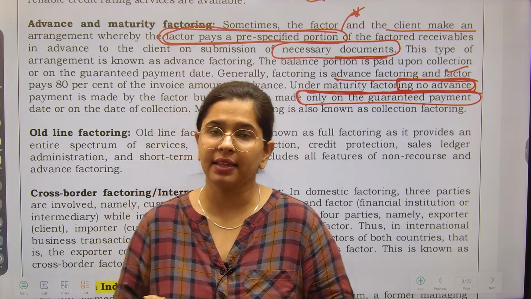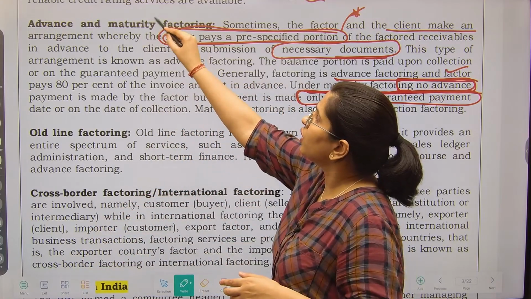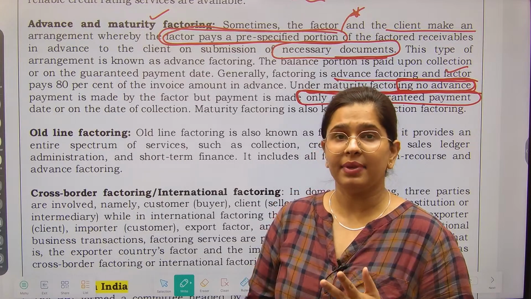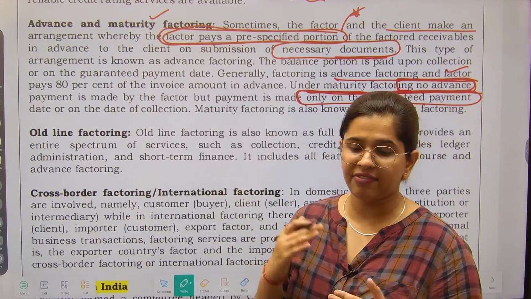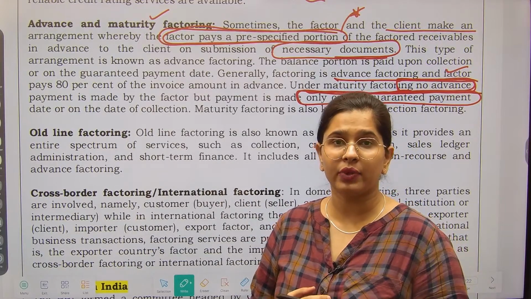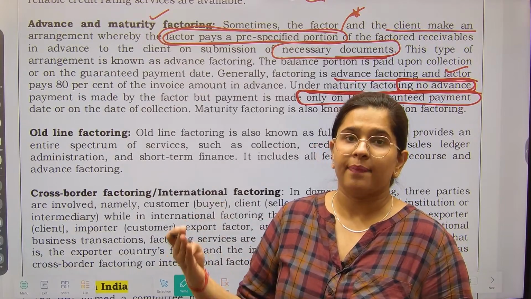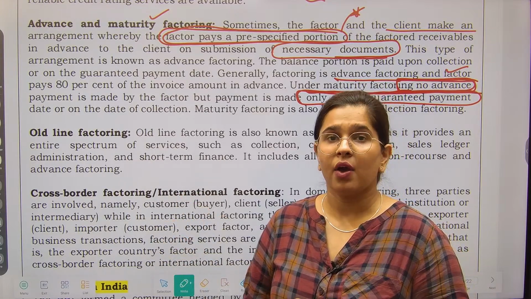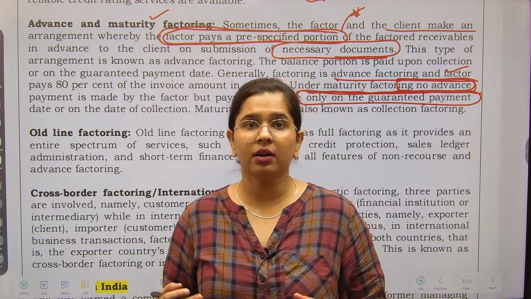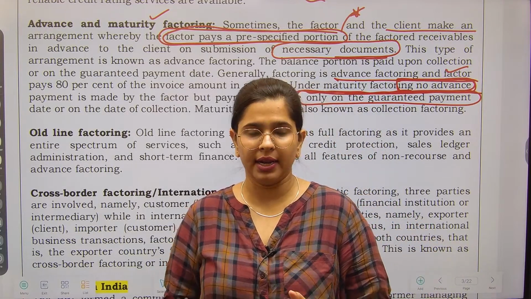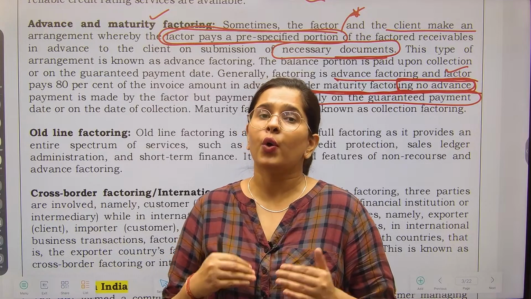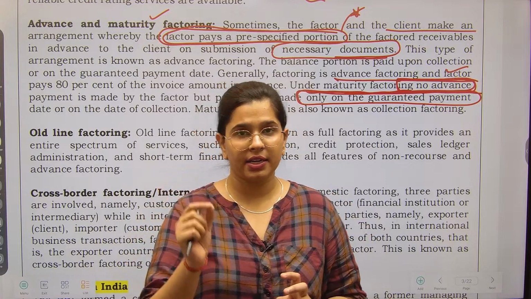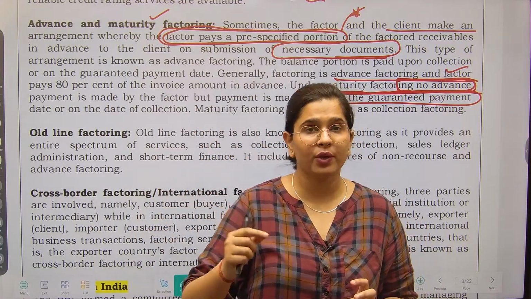But if the factor is saying that we are going to pay you the amount only on the maturity, that means it is the maturity factoring. It is sometimes combined with the bad debts protection. That means the factor says after 2 months, whether the buyer pays you or not, whether default happens or not, we are going to give you 100% of the amount, but our condition is that we will not pay you any advance.